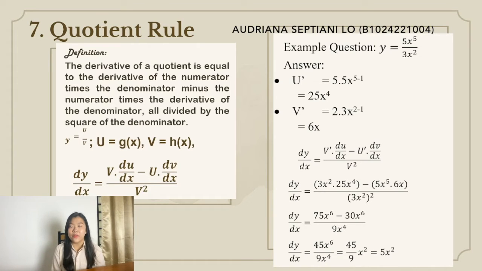And the result is 75x to the power of 6 minus 30x to the power of 6, divided by 9x to the power of 4. So the final result is 5x to the power of 2.